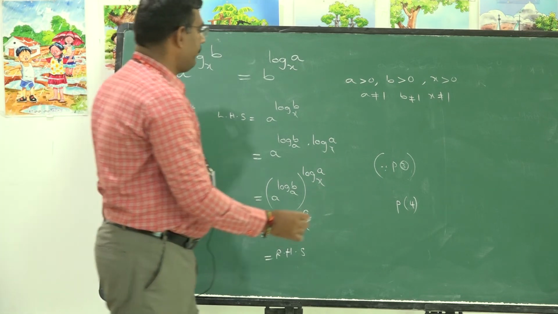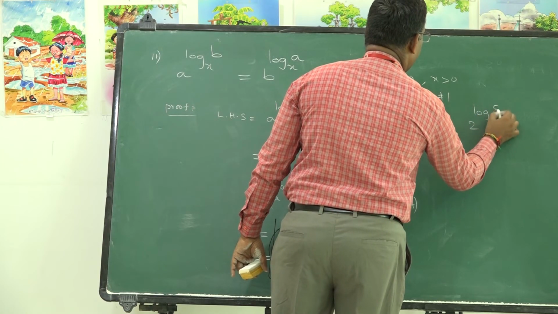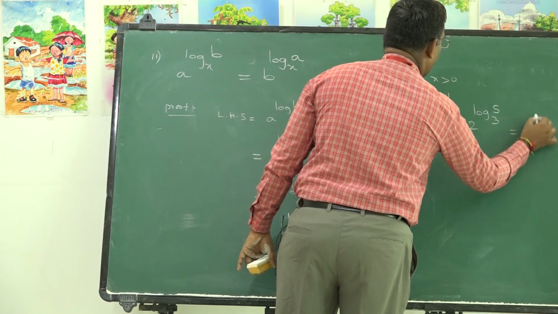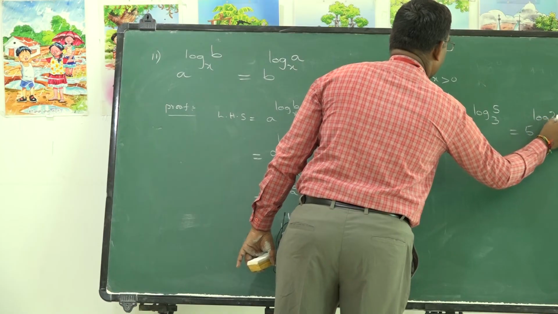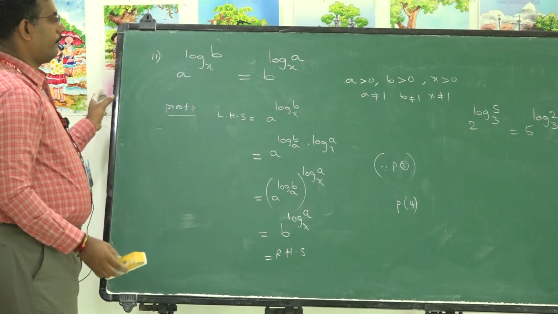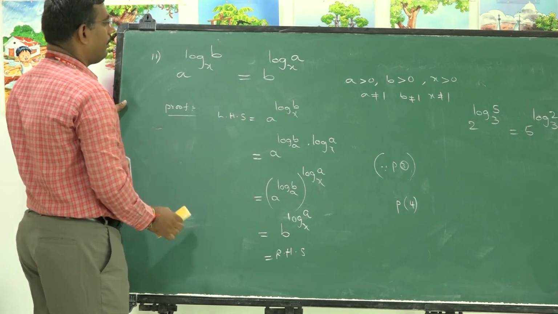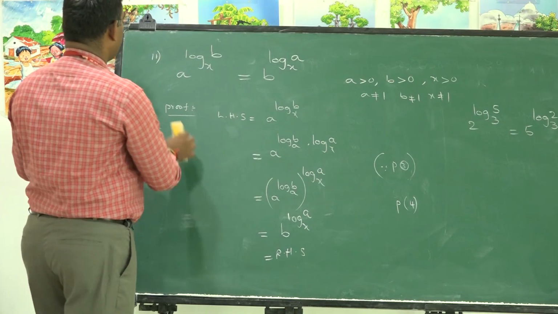For example, 2 power log 5 base 3 is equal to 5 power log 2 base 3. Next, property number 12.